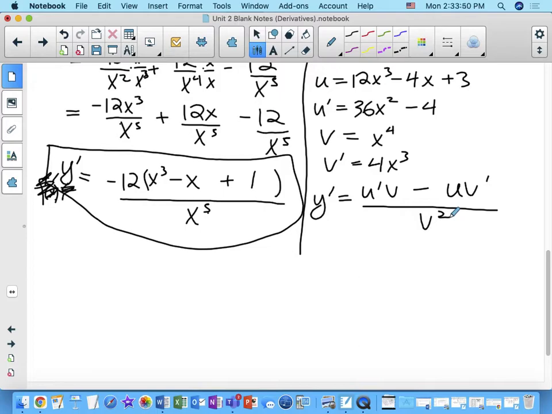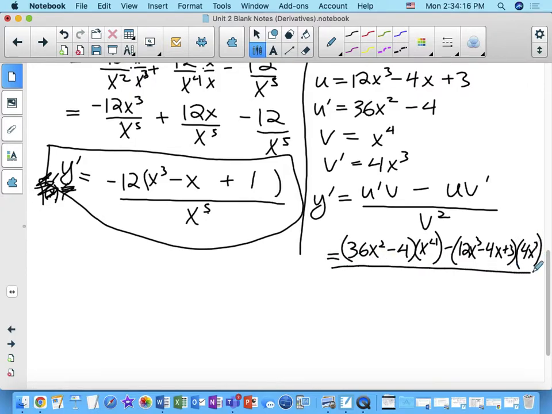So let's see what that is. 36x squared minus 4 times v, x to the 4, minus 12x cubed minus 4x plus 3 times v prime, which is 4x cubed, over v squared, which is x to the 4 squared. And this has quite a bit of simplification.